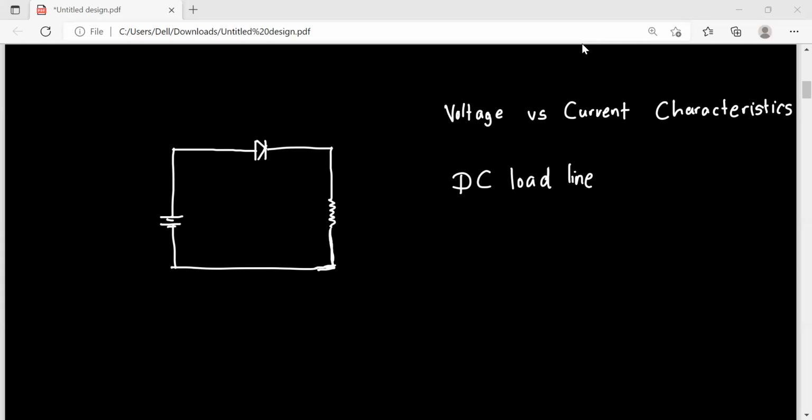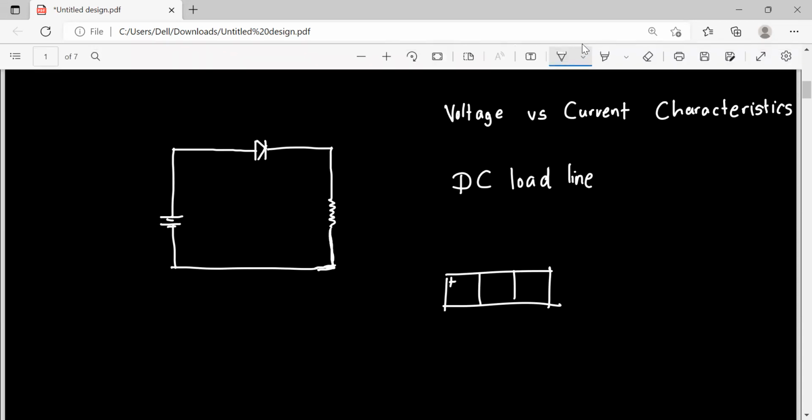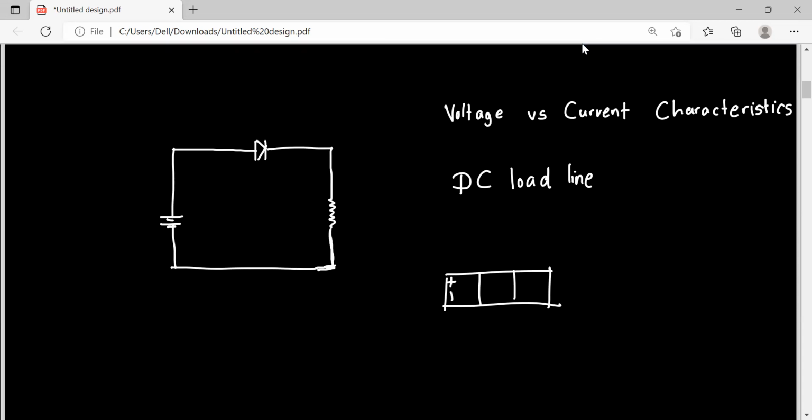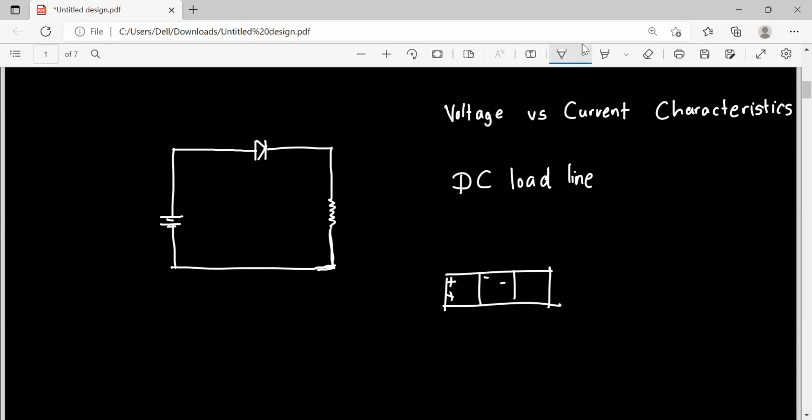Let's say you are going to provide 0.7 volts so that the depletion region of that diode will be cancelled out. In the beginning there will be a depletion region, which we have already studied, so I'm not going to go very slowly.